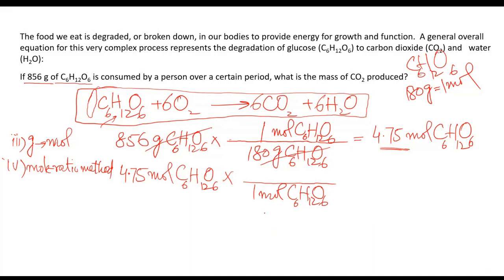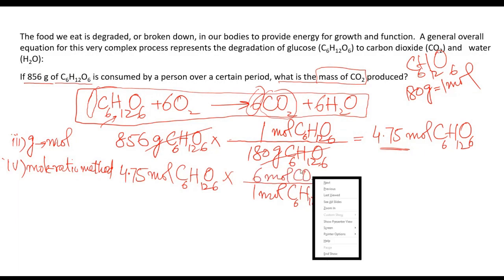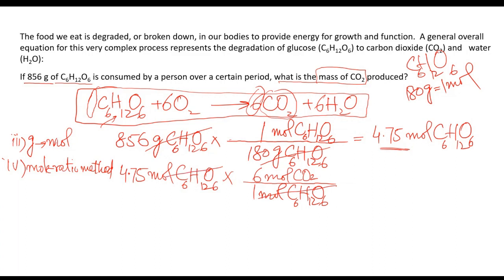And what do you have to calculate? What is the mass of CO2? So CO2 is to be calculated. So how many moles of CO2? 6. Very good. So you will write 6 moles of CO2 here. Mole of glucose cancel.